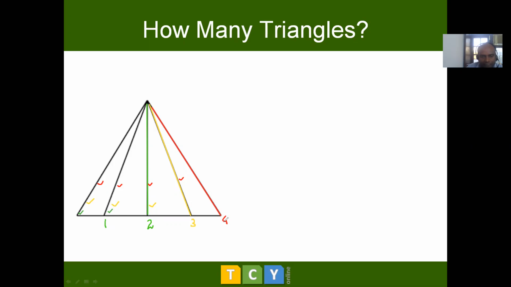So the total number of angles would be 4 plus 3 plus 2 plus 1 equal to 10. So there are 10 possible angles that can be formed at the vertex. So these 10 angles would have a base here, right? So the total number of triangles that can be counted here is 10.